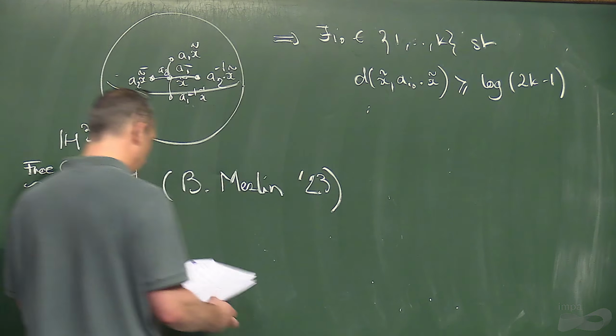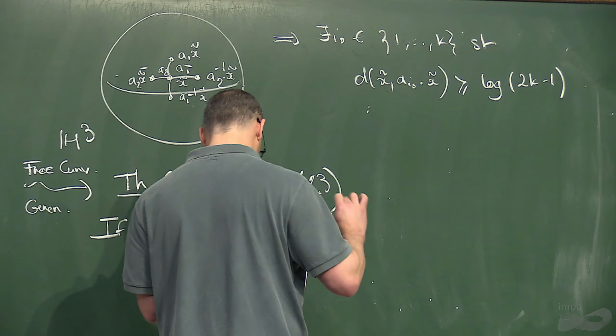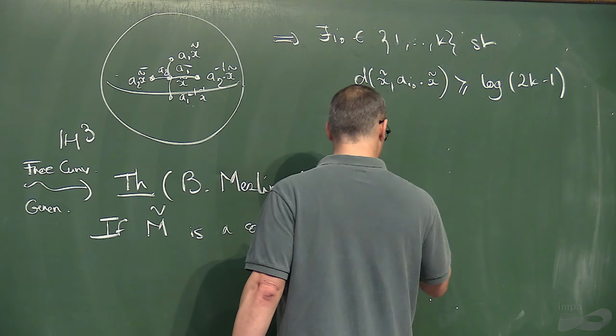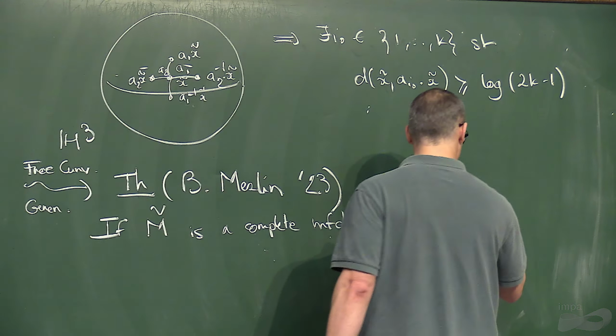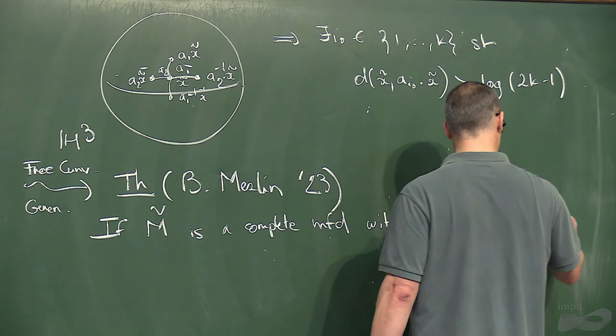And it says the following. If you have a manifold M tilde, which is a complete manifold, which is simply connected, and you take on it any Riemannian metric. So this is the first part.